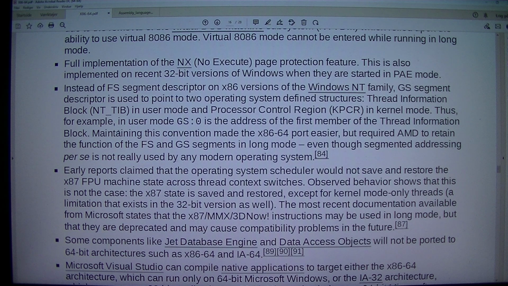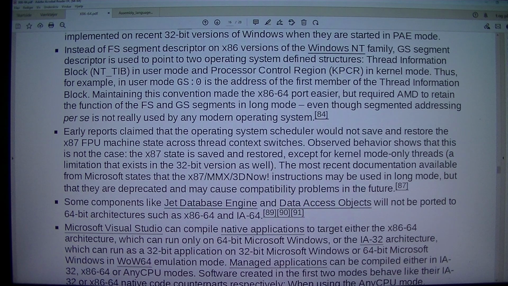Thus, for example, in user mode GS:0 is the address of the first member of the thread information block. Maintaining this convention made the x86-64 port easier, but required AMD to retain the function of the FS and GS segments in long mode, even though segmented addressing per se is not really used by any modern operating system.